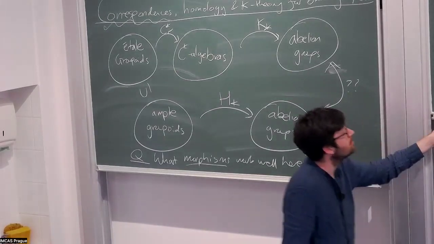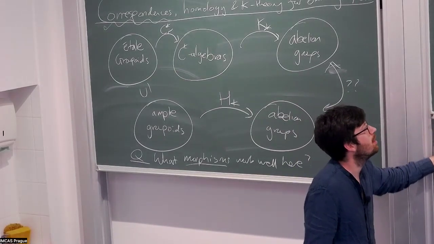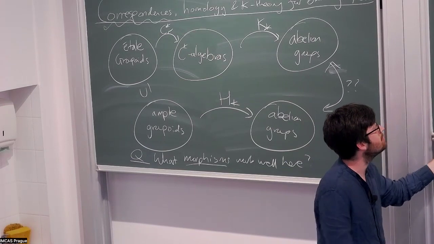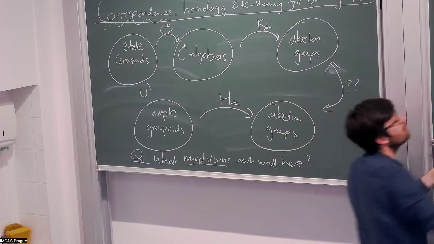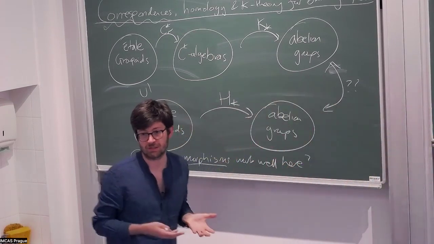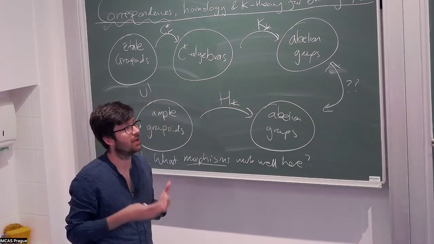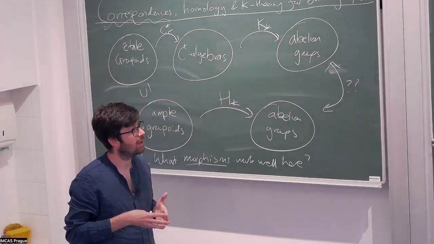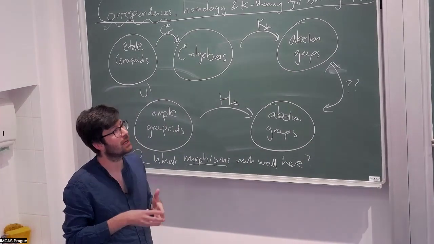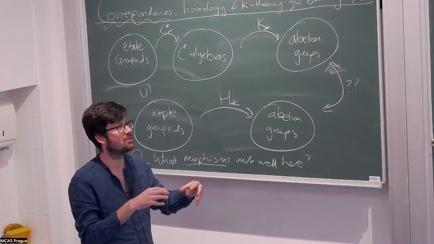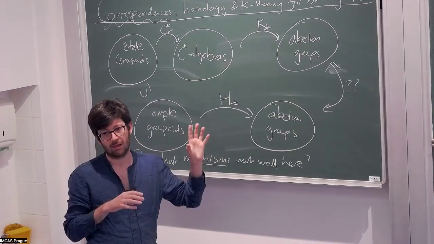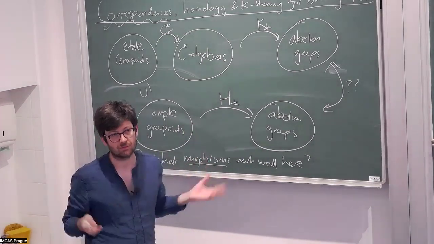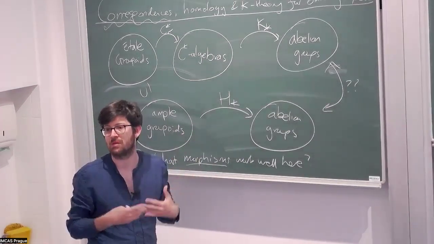Maybe something I want to stress is that these Morita equivalences are examples of correspondences. The fact that when you take Morita equivalences, your K-theory doesn't change is very important for lots of papers that are trying to compute K-theory.